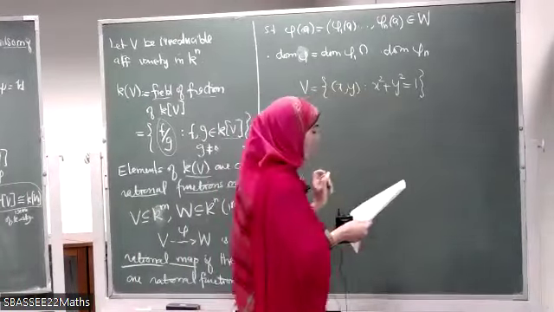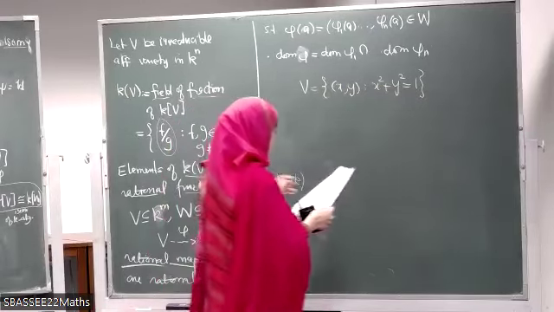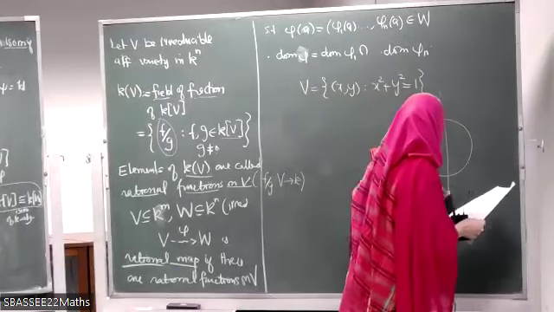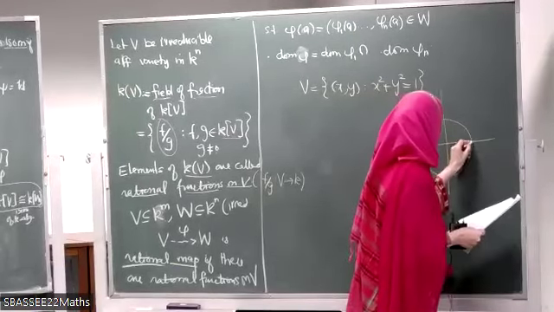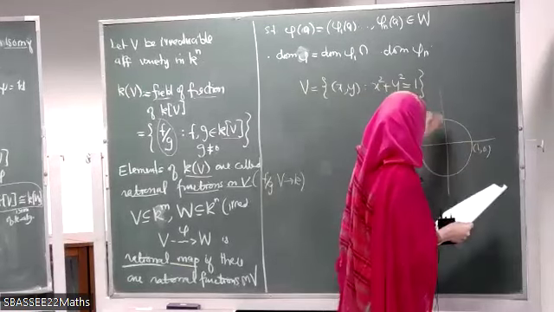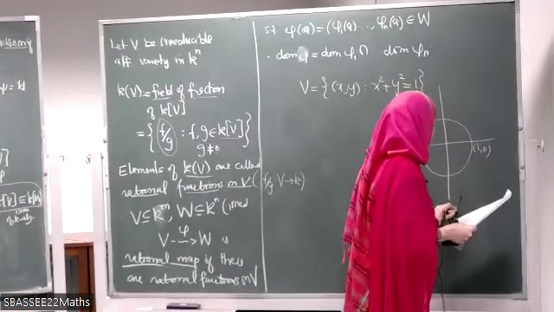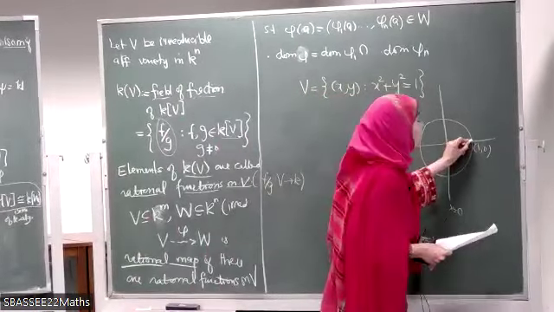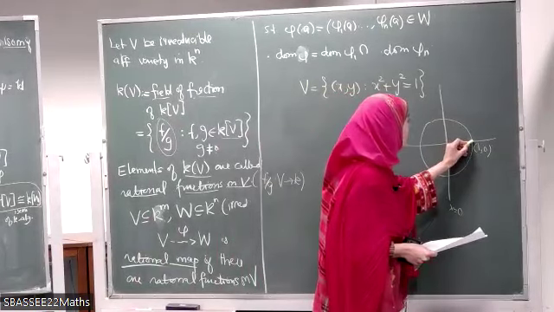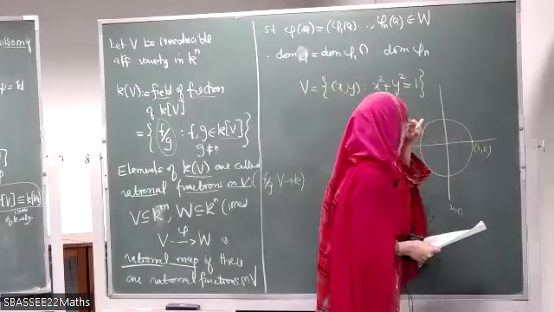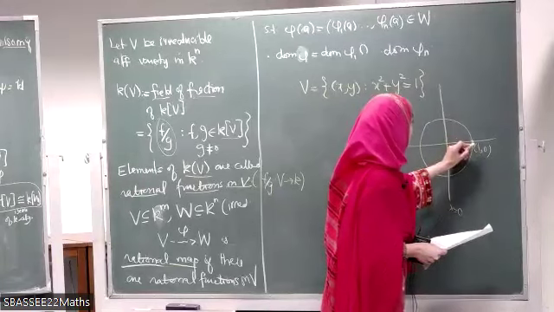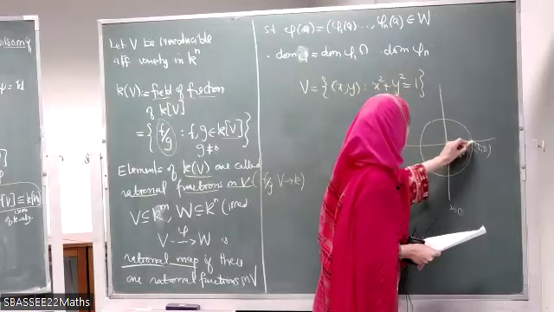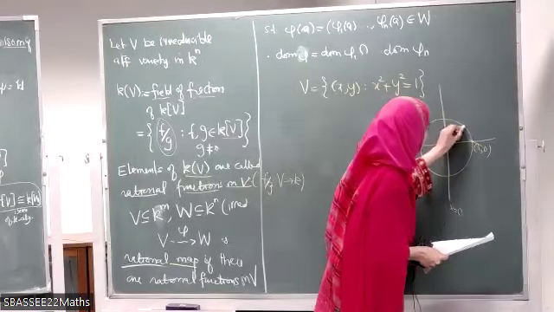Okay, so for example, you have this variety. Let me just draw this one. So we have here (1, 0). And this is your y-axis, which is just the line x = 0. So how I'm defining my map is actually this: I'm taking a line crossing another point on this circle.